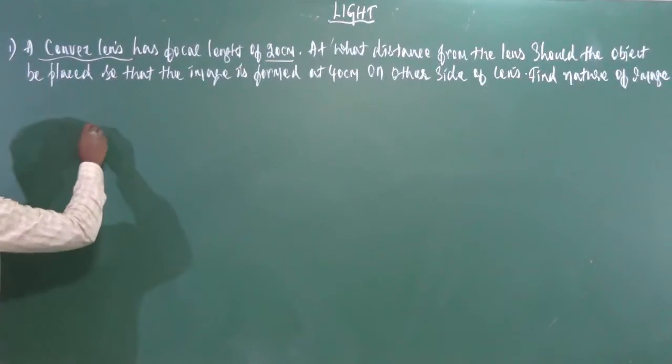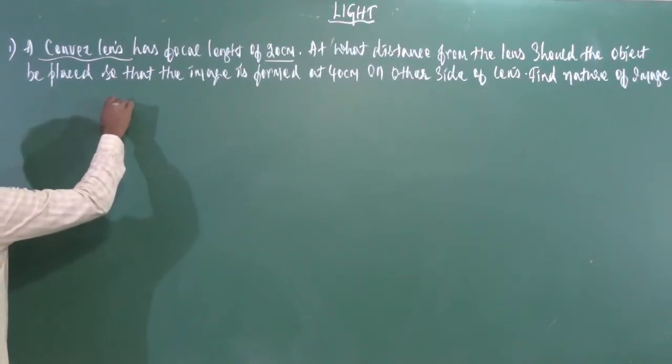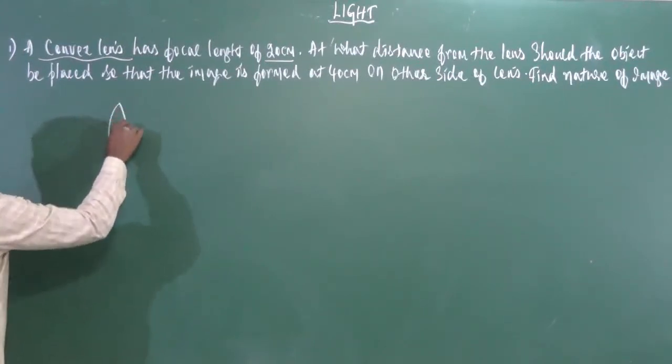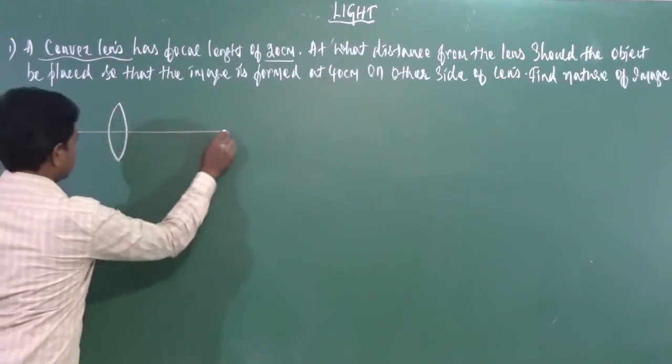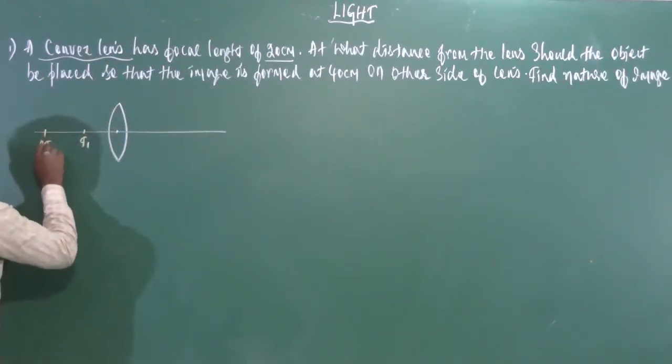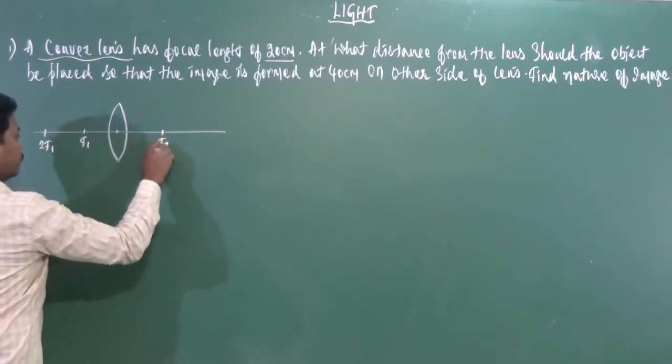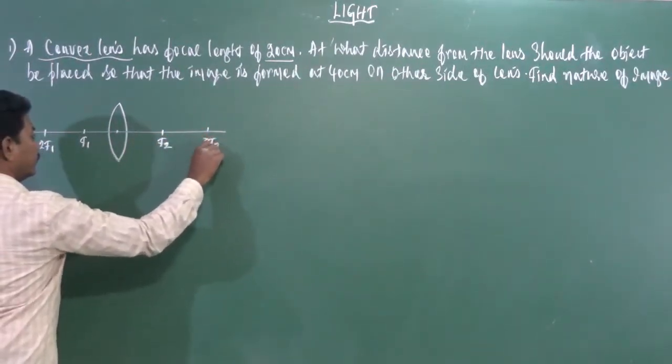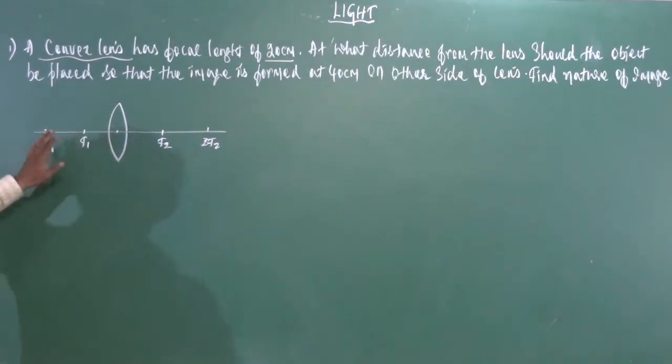For the sake of understanding, I am going to draw this ray diagram for you. So this is the optic center, this is F1, this is 2F1, this is F2, and this is 2F2, right? Here a convex lens has a focal length of 20 centimeters.